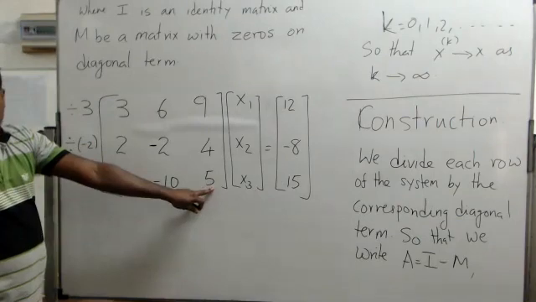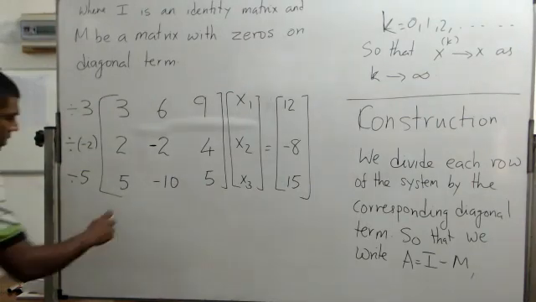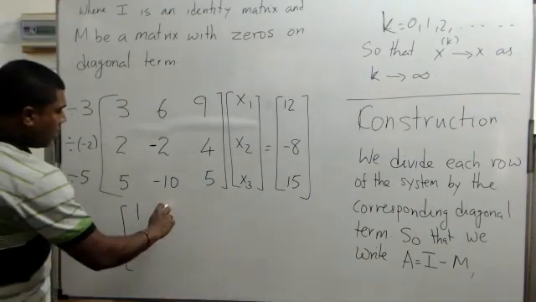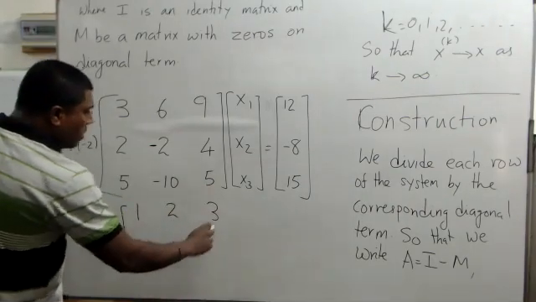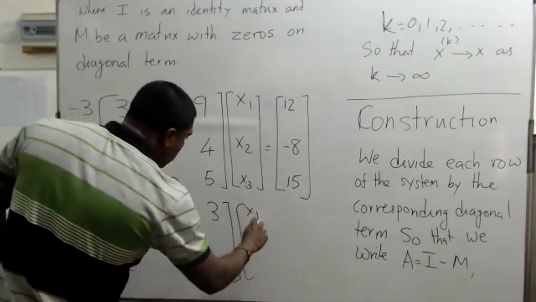Here the diagonal term is 5, so you divide by 5. If you do that, this is what you are going to have: 1, 2, 3, and then x1, x2, x3.